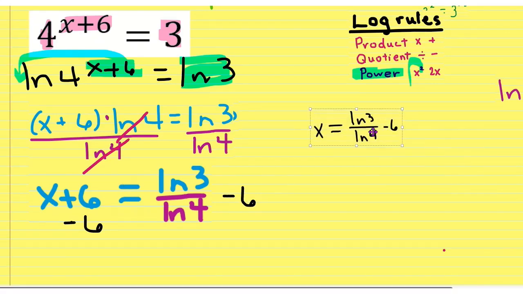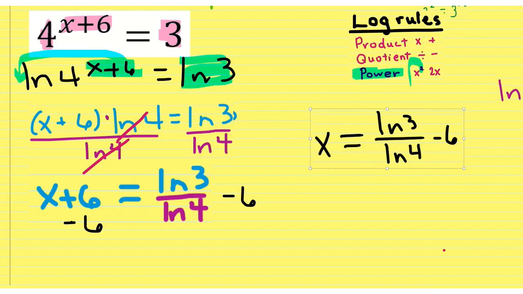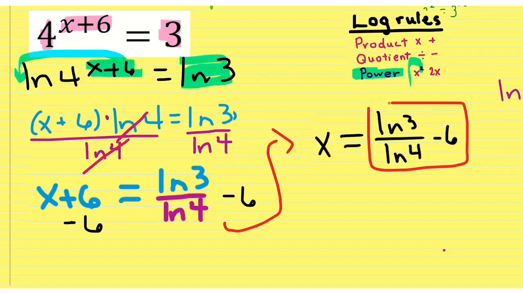And then that will leave me with this right here. It turns into this. X is equal to the natural log of 3 divided by the natural log of 4 minus 6. And all of this is just a value.